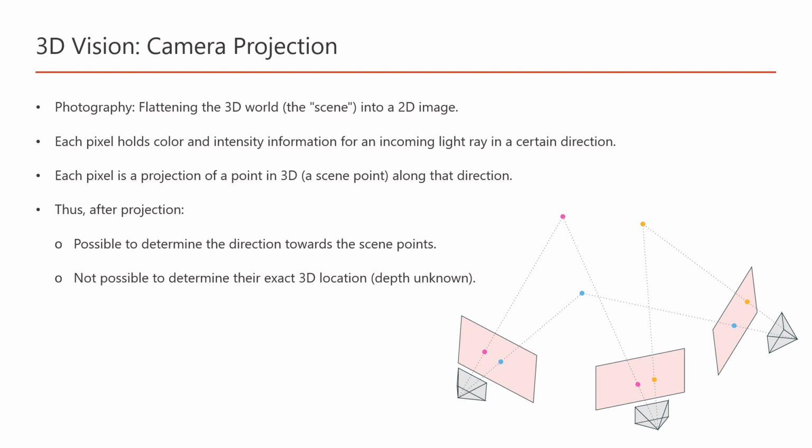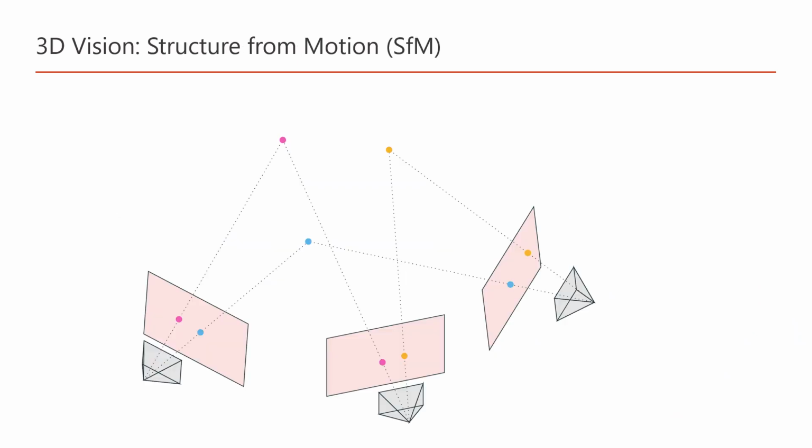So when you project and flatten, there's no way to directly know at what depth that 3D point was located that got projected into the camera. In the illustration here, you can see 3 cameras. Each of them has an image visualized in front of it. And in each of them, 2 3D points are projected. And they're color-coded so that you can match them here. Same image.